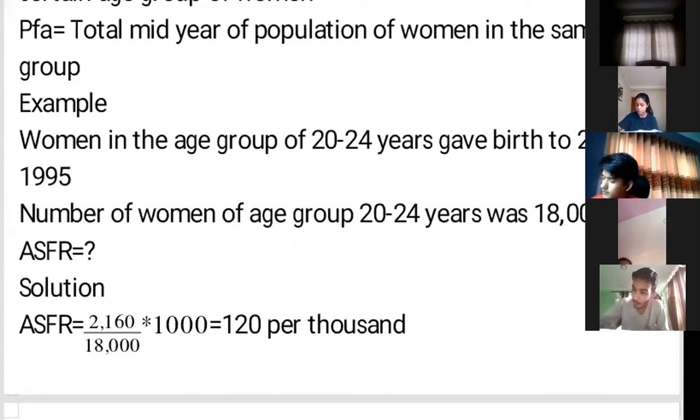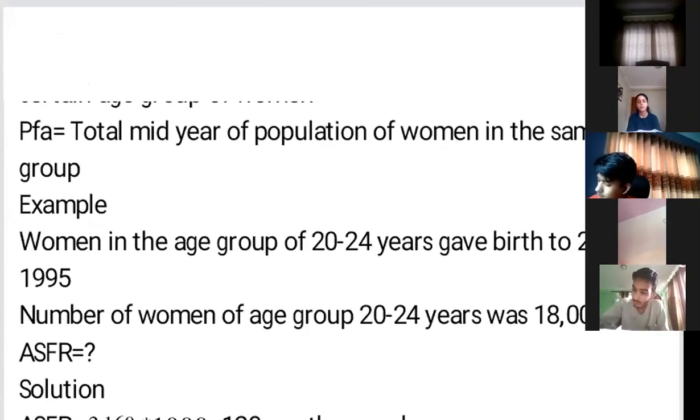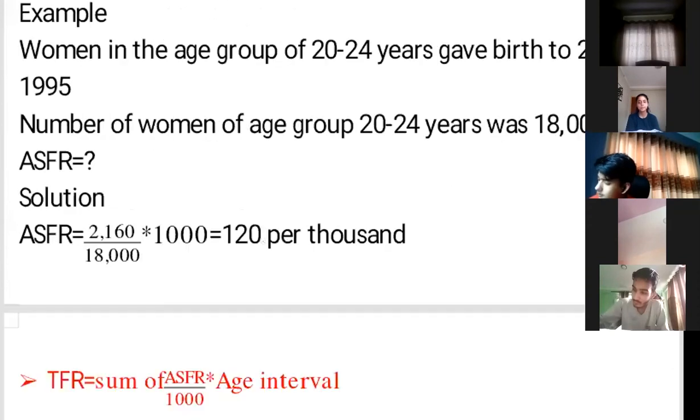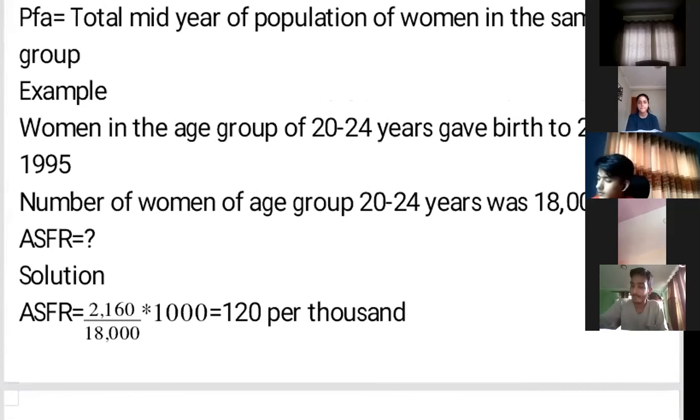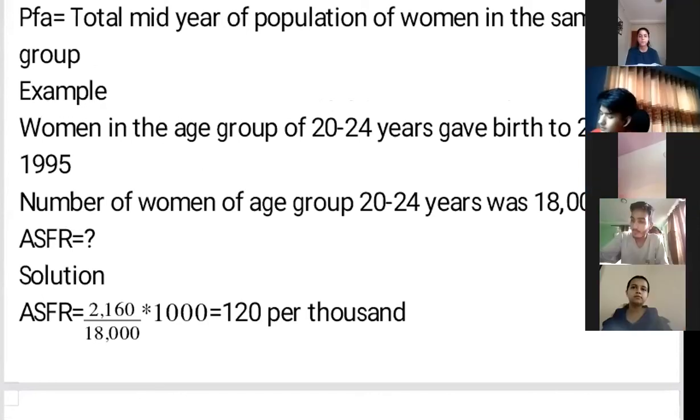Now ASFR equals what? To calculate with the formula, total births 2,160 divided by the total number of women of that age group, 18,000, multiplied by 1,000. So when we do the cross multiplication, the answer will be 20 per 1,000.